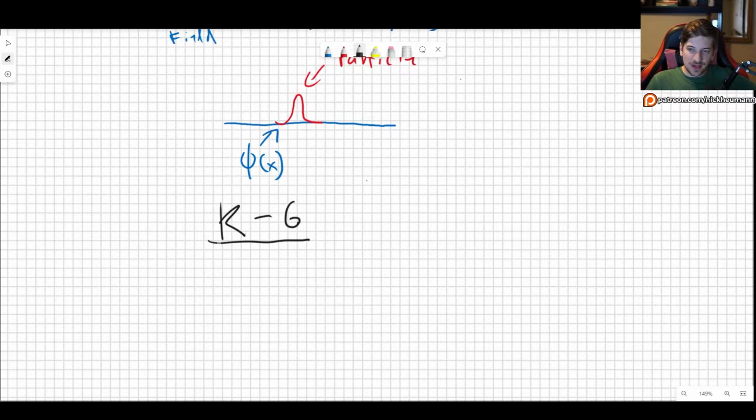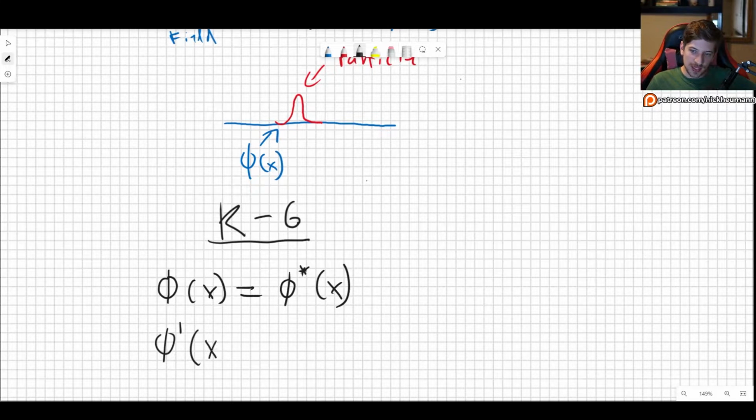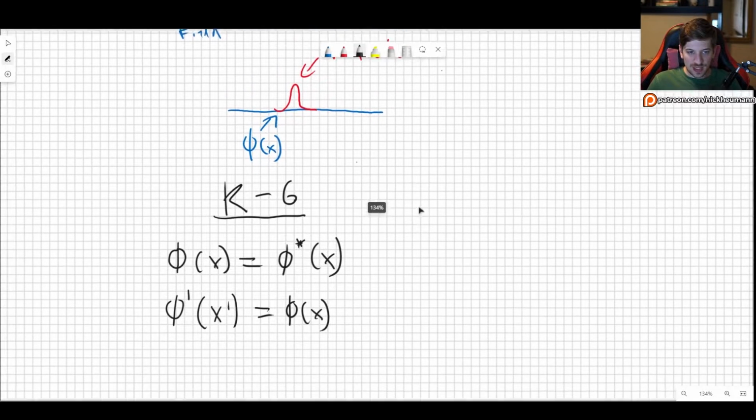In the Klein-Gordon equation, we have a field that is going to be real, so that means that the field is the same as its complex conjugate, and it also behaves like a scalar under Lorentz transformations. So if prime denotes Lorentz transformations, then phi prime of x prime is simply phi of x. So it doesn't change. That's very important.